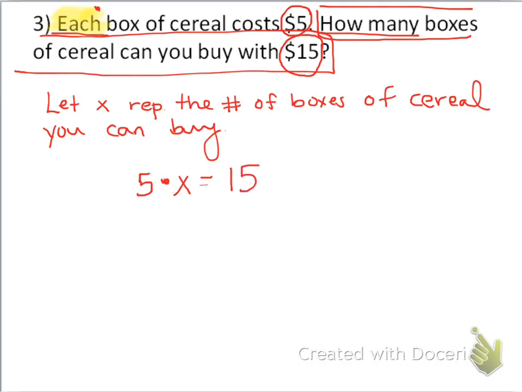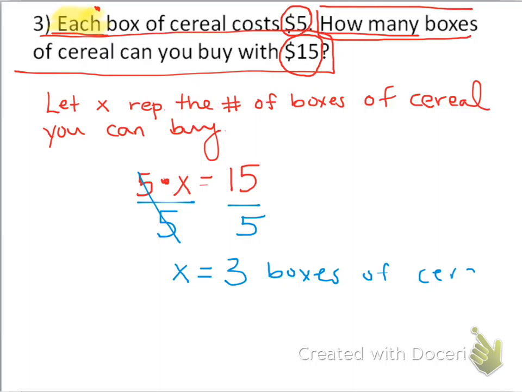Okay, 5 times X has to be equal to 15. We are going to solve this equation. We solve this equation by dividing both sides by 5. So that gives us that X is equal to 3, which is 15 divided by 5. 3 what? 3 boxes of cereal.